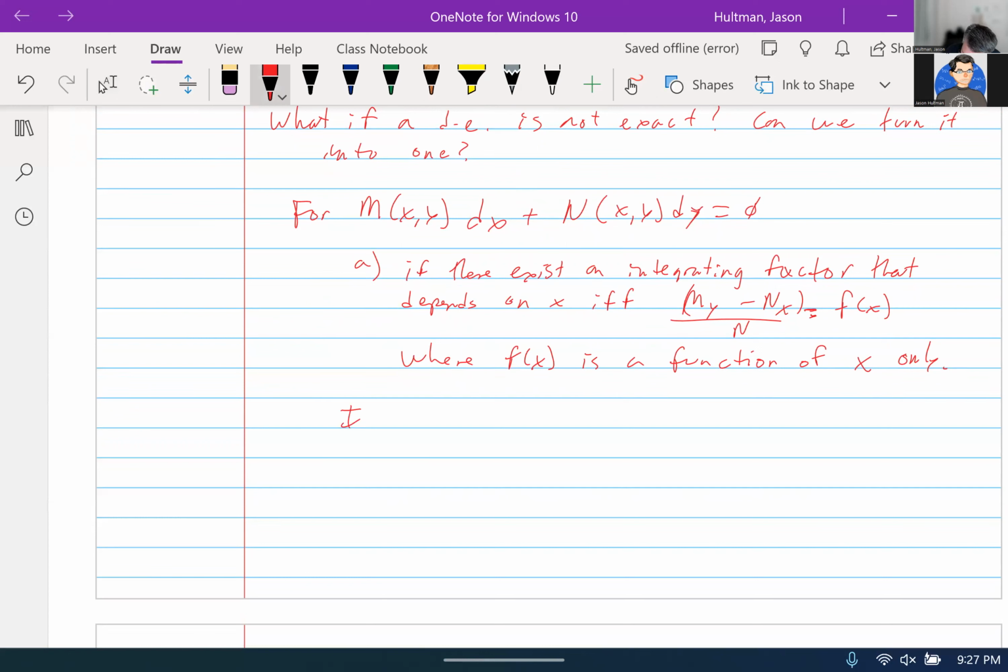In such a case, the integrating factor is I of x equals e to the integral of f of x dx.